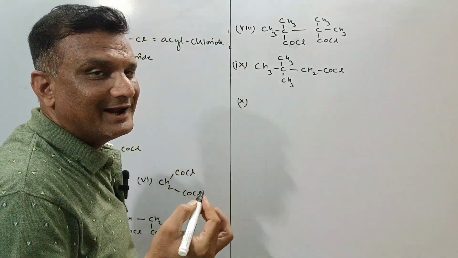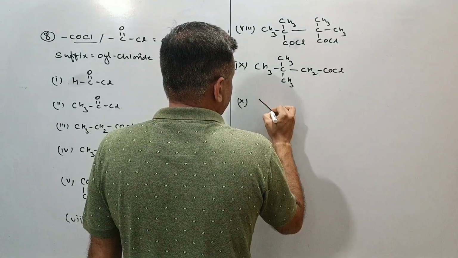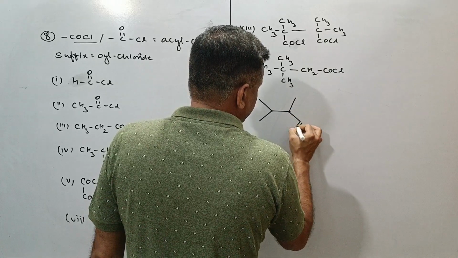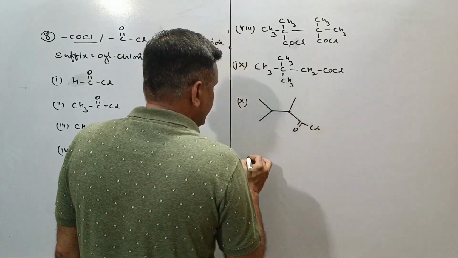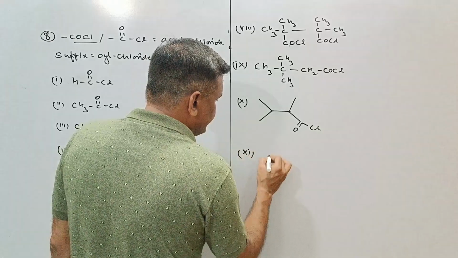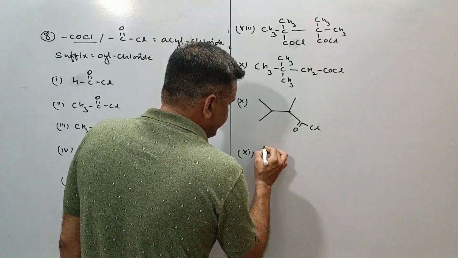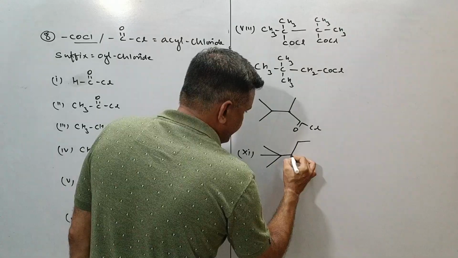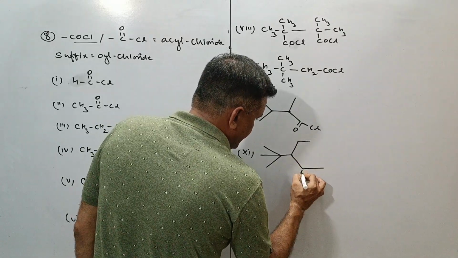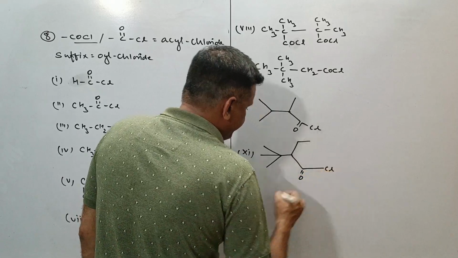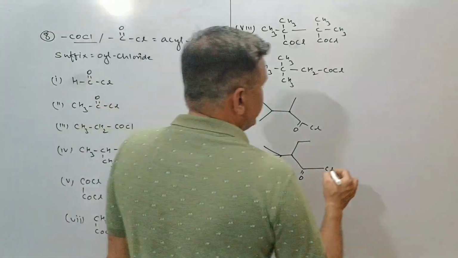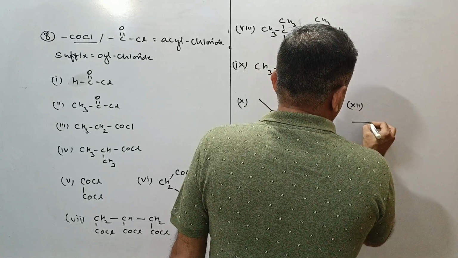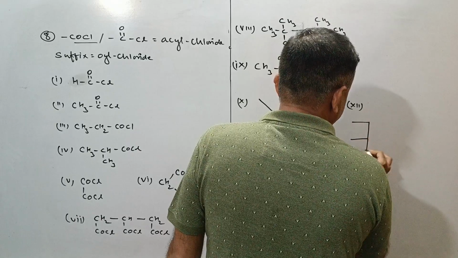We can take a bond line structure also. Suppose this one is the compound, Cl. This is the 11th compound. Like this, this is the COCl. This is the 12th compound. We can take over here, suppose this is the following shape.